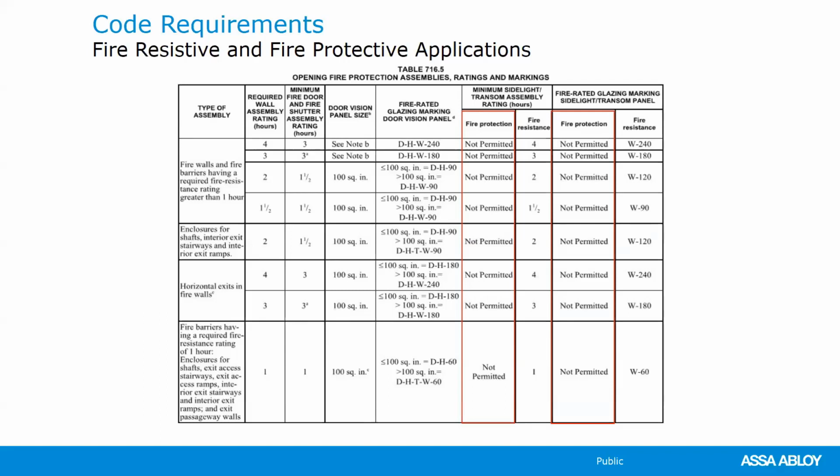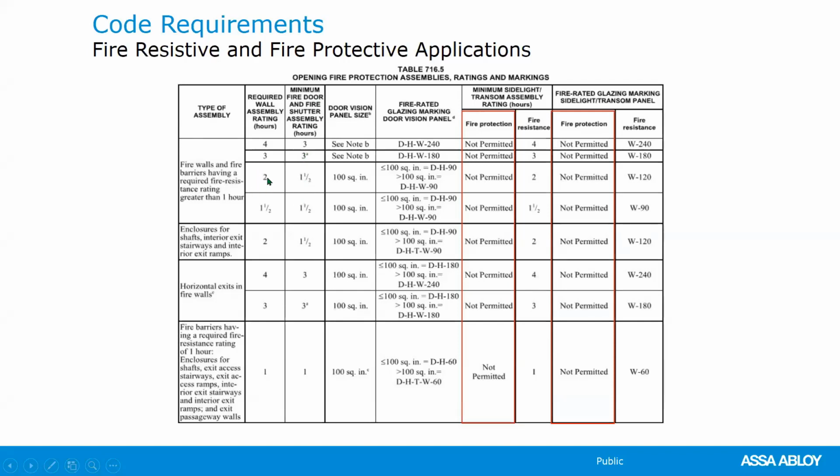On the left-hand side, far left column, the walls that are intended to be fire resistive with glass are identified, which are very similar to what the classifications or requirements are for walls in general. The next column over has the actual wall rating. And then beyond that, you have what your door would normally be.